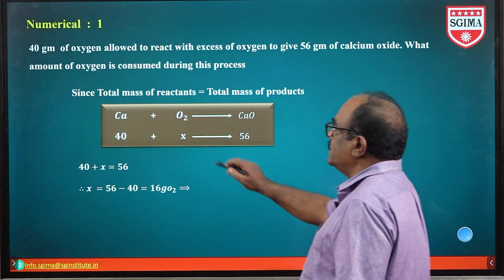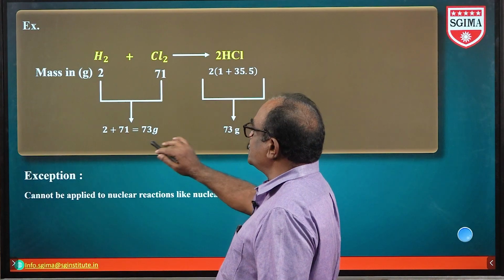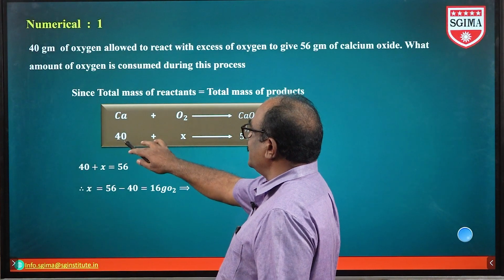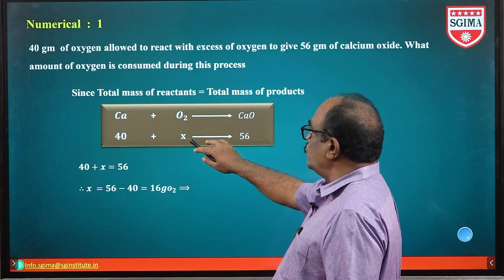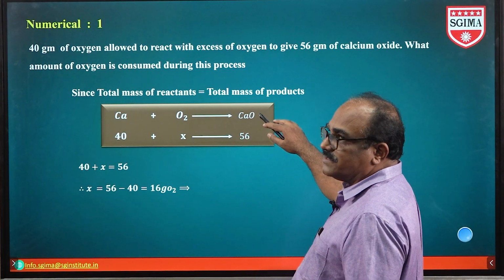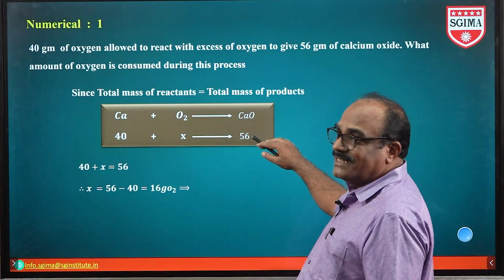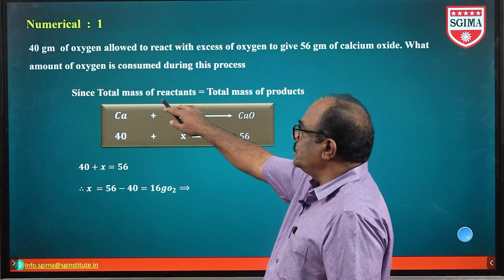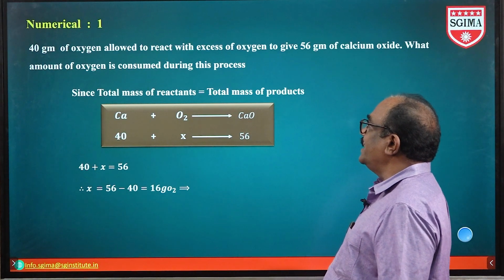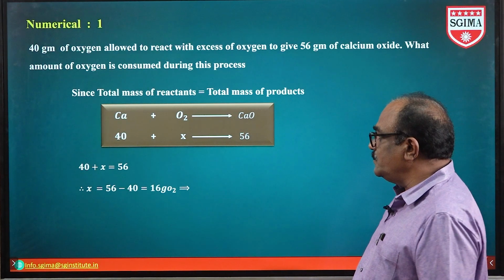We have taken 40 grams of calcium. Let us suppose x grams of oxygen is involved in the reaction to produce the product calcium oxide, 56 grams. I am applying the law of conservation of mass. Total mass of the reactants will be equal to total mass of the products.